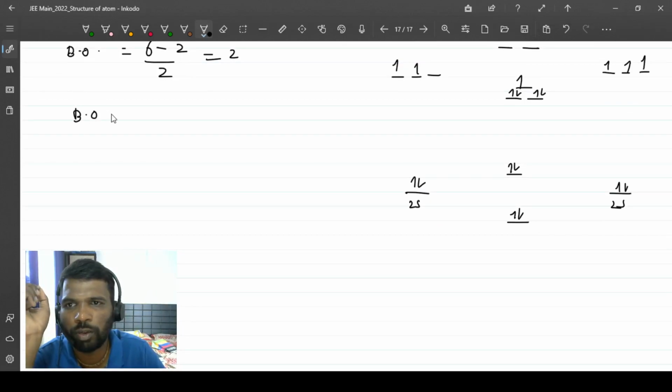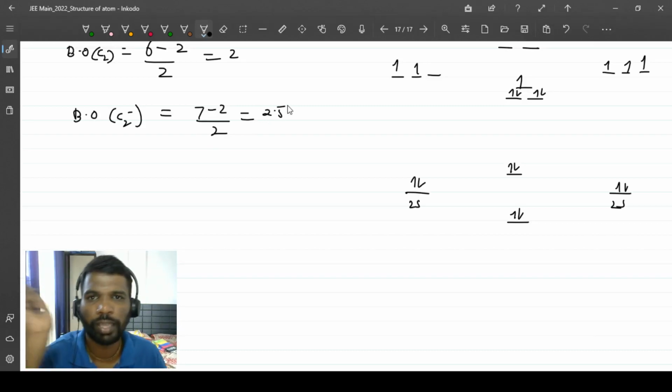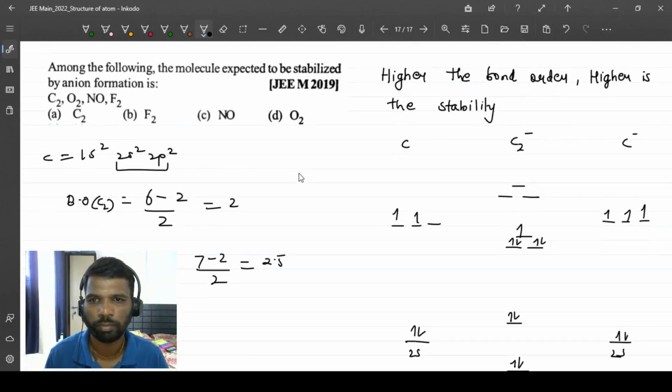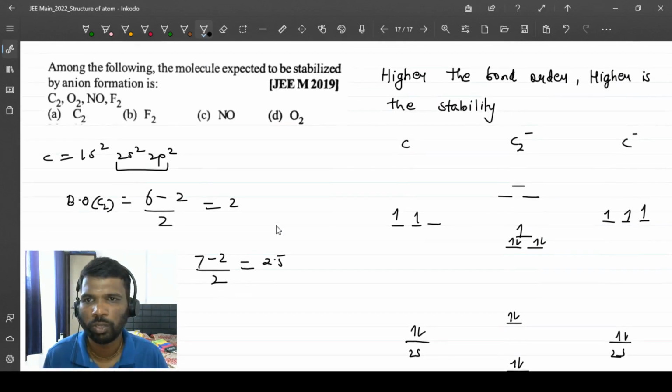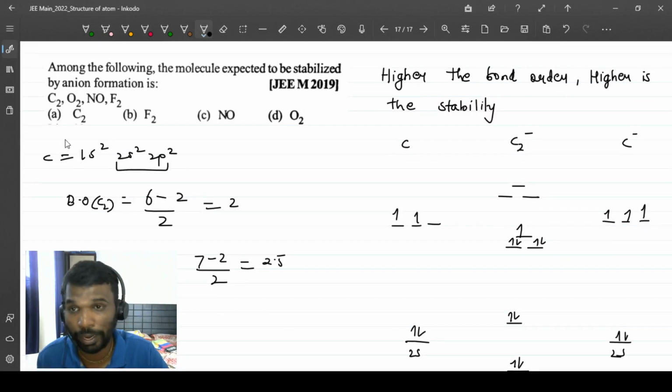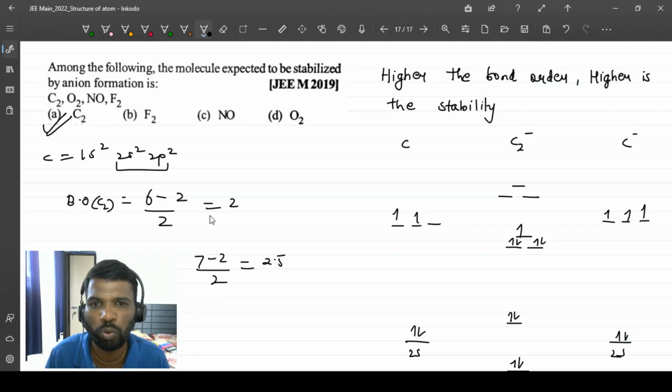Bond order for C2 was 2; for C2 minus, it has become 7 now, bonding minus 2, divided by 2, which will be equal to 2.5. So there is an increase in the bond order, right? So the correct option, I am getting it at first only, that is option A. C2 will lead to anion formation because the bond order is increasing from 2 to 2.5.